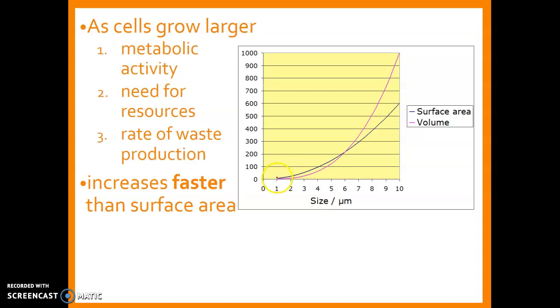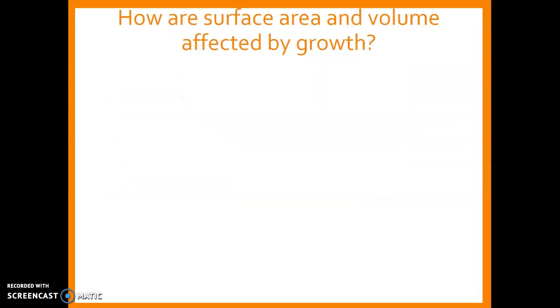As they start to increase, there's an area where they are relatively the same, but then at one point, right about here, you have this division where the volume increases twofold compared to the surface area. And so the surface area can't keep up with the volume, which prevents resources from getting in, and the rate of waste production is increased as well, and you can't get that out.